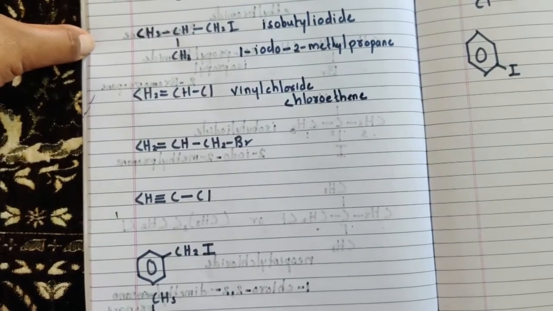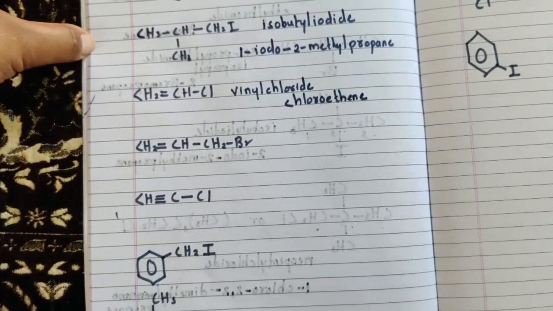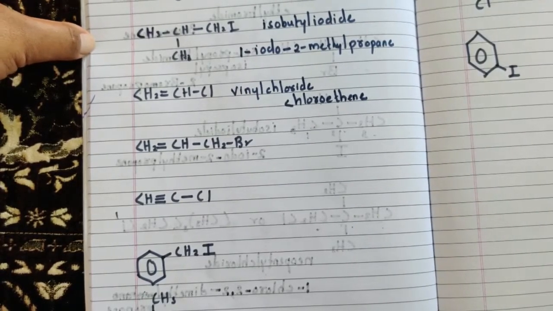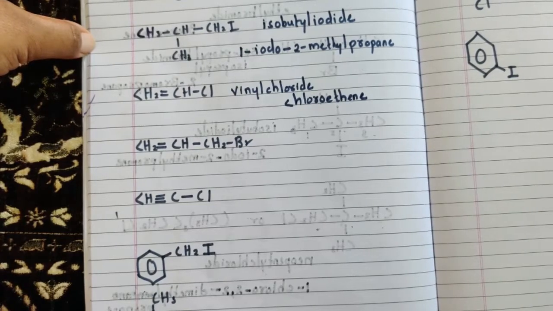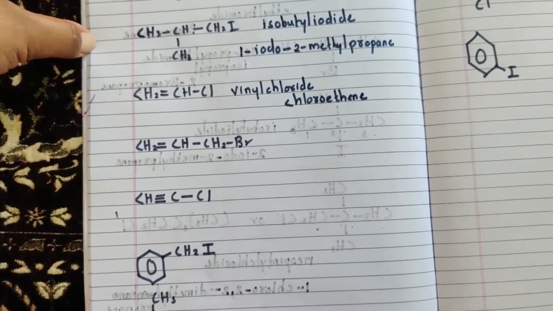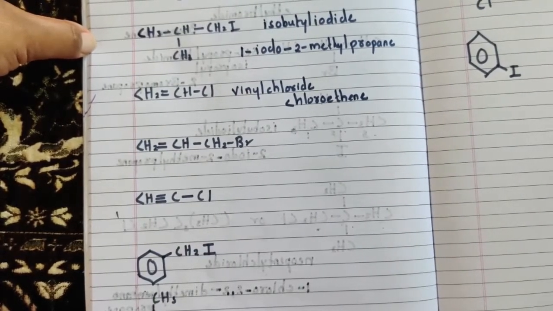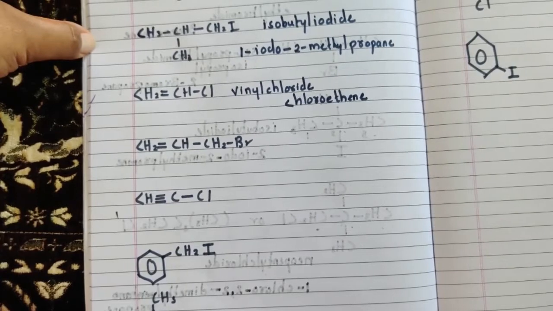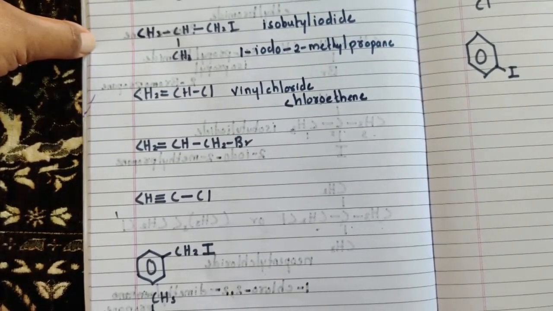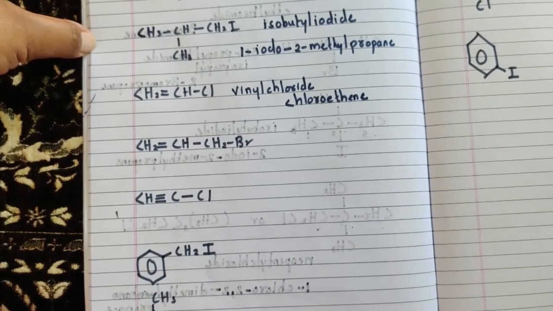Okay, so now when unsaturated hydrocarbon is there, that is when we have alkene and alkyne, remember the preference while numbering the chain is not given to halogen but is given to the double bond or triple bond. It means when you number the chain, you number it from the end which is nearer to your double or triple bond.